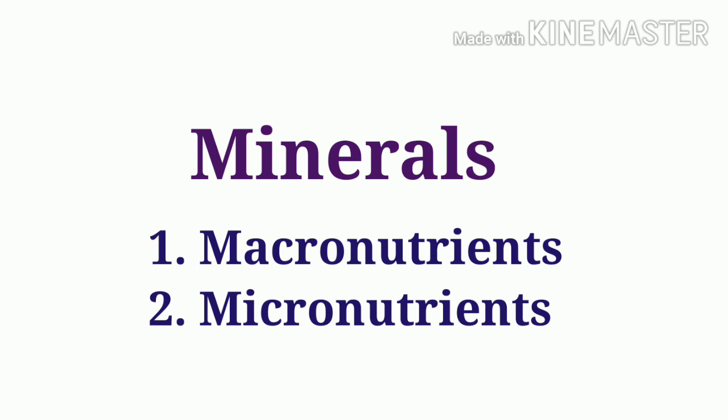Macronutrients are the minerals which are required in large quantities in the plant body. Examples are NPK salts, which are the most important nutrients for the plants. They are the nitrogen, phosphorus and potassium salts. Other than that, there are other macronutrients essential for the proper functioning of the plant.